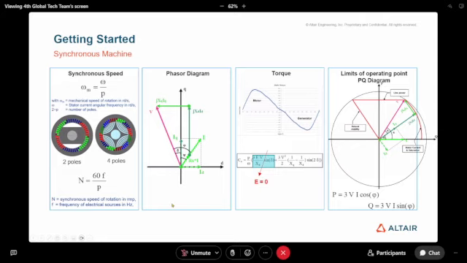Here is the phasor diagram. At the end we'll see the Park model, but let's see here if we move from the three-phase representation to only the DQ representation of the machine. Here V is the voltage supply and I is the current supply.